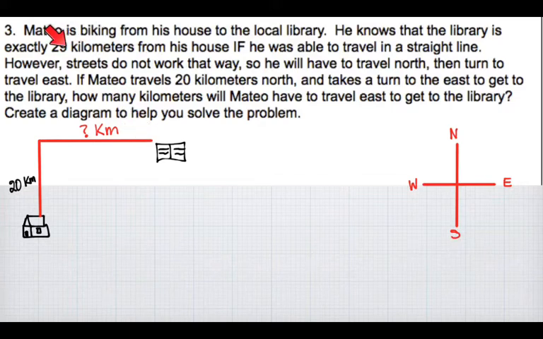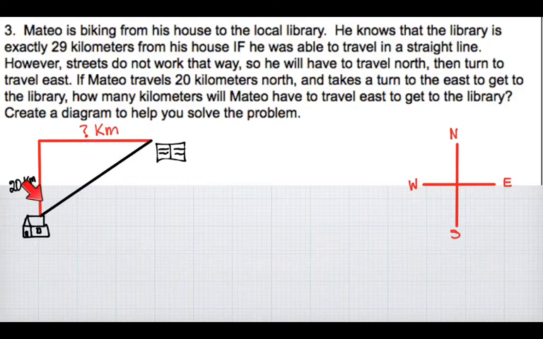So we know that if Mateo gets here, once he gets here, he's at the library. Now let's go back to this part right here. He knows that the library is exactly 29 kilometers from his house if he was able to travel in a straight line. So to get from here to here, that would be a straight line, right?